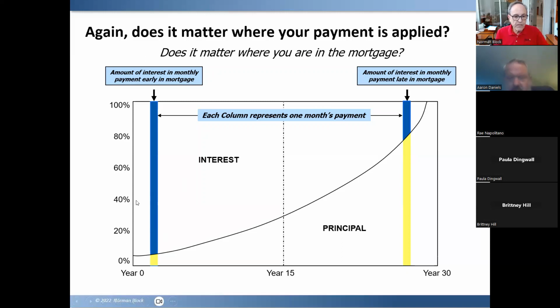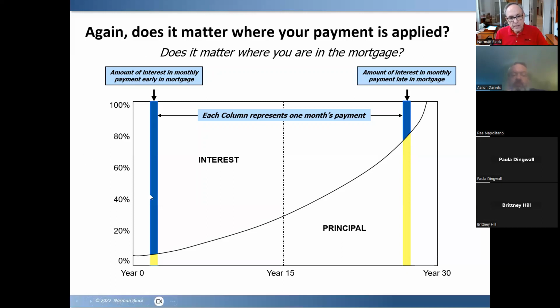But what's happened is every time they refinance, they start out here. And so the trap is if you keep refinancing, you keep starting over at the front of the loan. You may pay on a loan for 30 years, but you're only paying the portion of the loan that's almost all interest, which works in the favor of the bank.